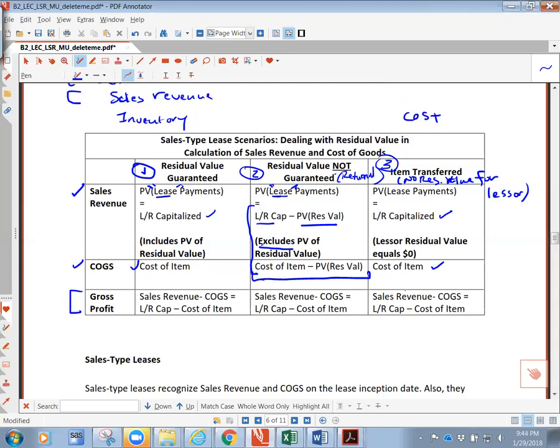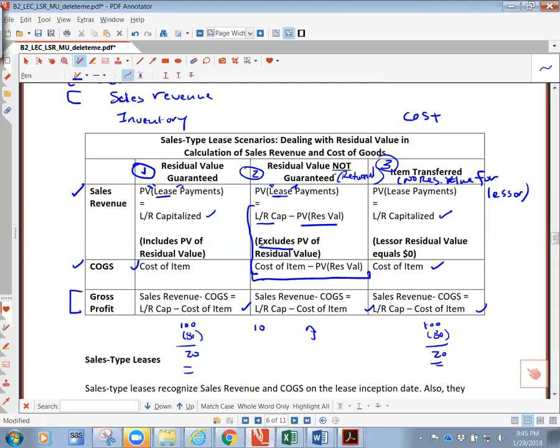All right. Now, what we want to see is that in every case, the gross profit is going to be exactly the same. So let's say in scenario 1, you have 100 and cost of goods sold of 80, so you end up with 20 for your gross profit.